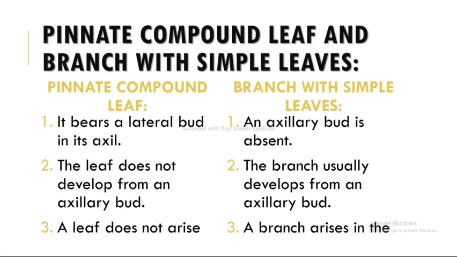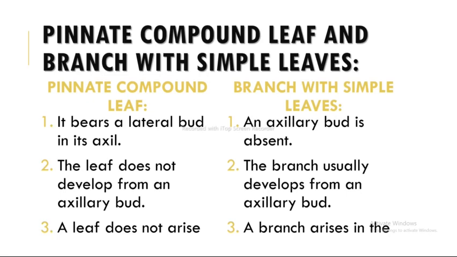A pinnate compound leaf bears a lateral bud in its axil, but in a branch with simple leaves, an axillary bud is absent. In a pinnate compound leaf, the leaf does not develop from an axillary bud, but a branch with simple leaves usually develops from an axillary bud.